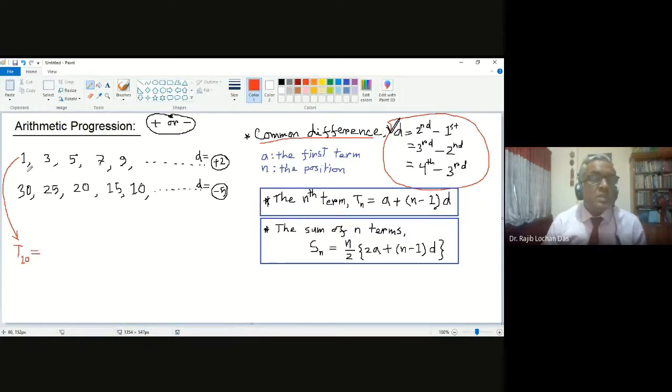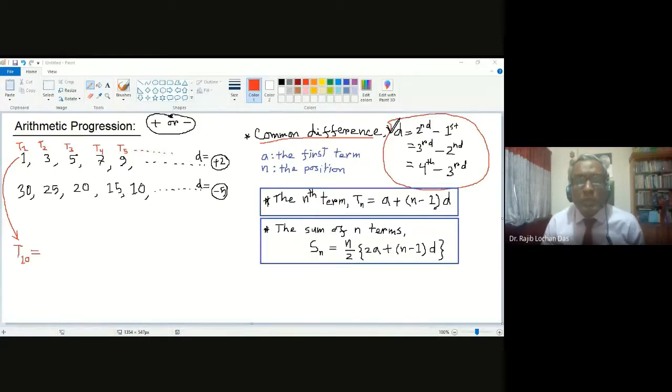That means the first number is T1, the second number is T2, the third number is T3, the fourth number is T4, and the fifth number is T5, like that. In this way you will find out T10. The number in the 10th position will be T10.